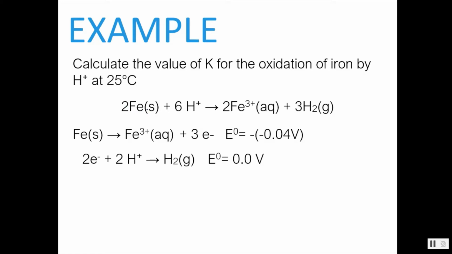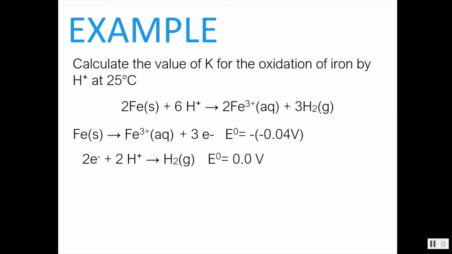In this case, we have the potential, and we can calculate that from our standard reduction potentials table for this reaction, where we have solid iron reacting with acid to dissolve that solid iron and produce iron in the 3+ oxidation state, and at the same time produce hydrogen gas.